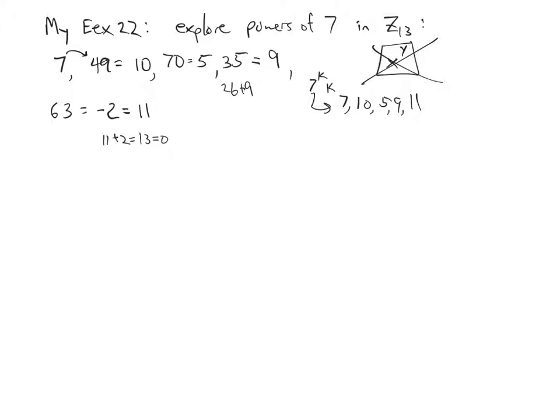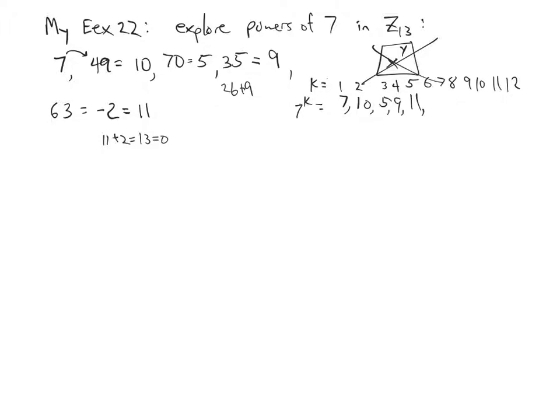I'm going to make a bigger eraser. Still not very big. I must be doing something wrong. So k equals 1, 2, 3, 4, 5, 6, 7, 8, 9, 10, 11, 12. And down here we have 7 to the k equals.